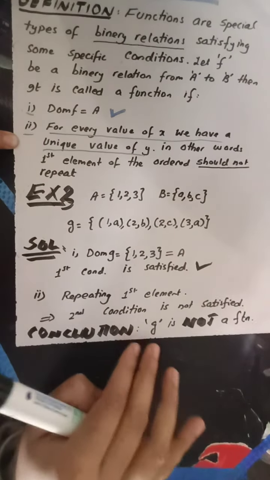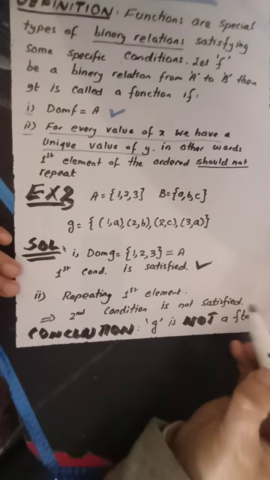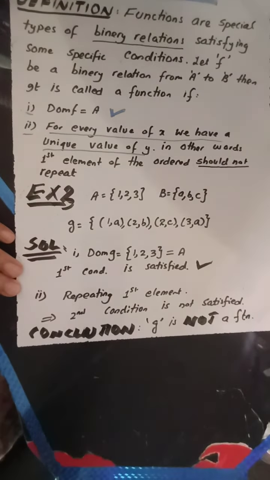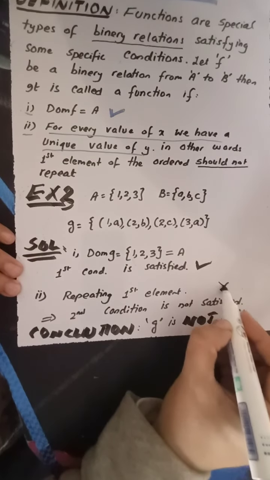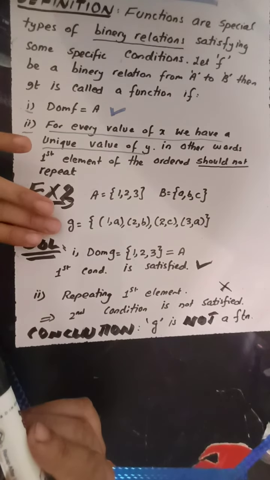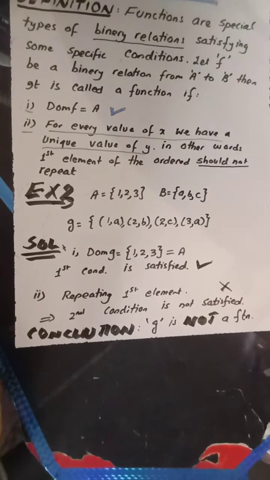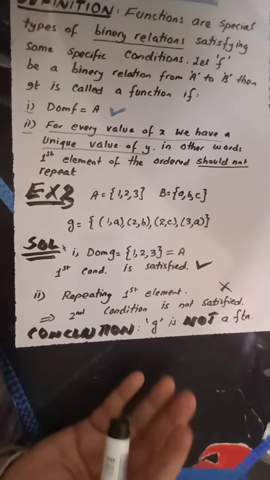Therefore we said that G is not a function, because both the conditions should be satisfied to make a binary relation a function. And this is all for function. Now the next topic that I'm going to start is types of function.